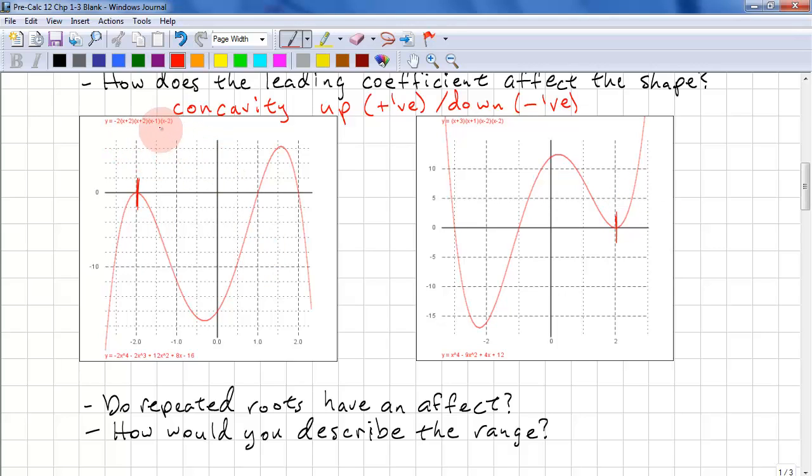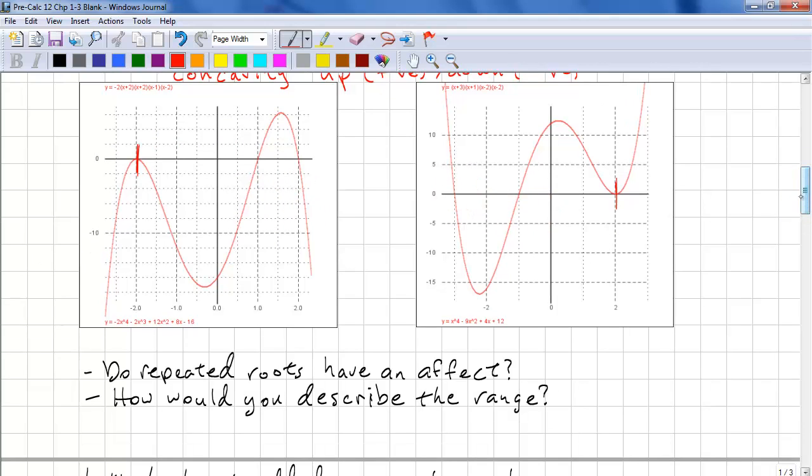With the other zeros, it crosses. Okay, so it looks like repeated roots have an effect. Two repeated roots bounce off.